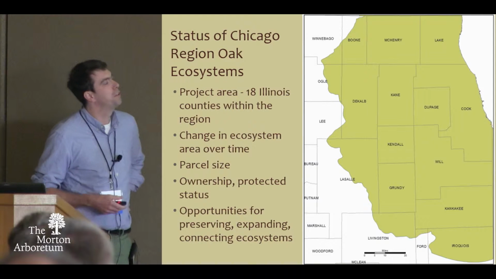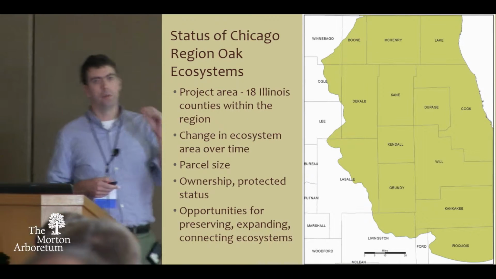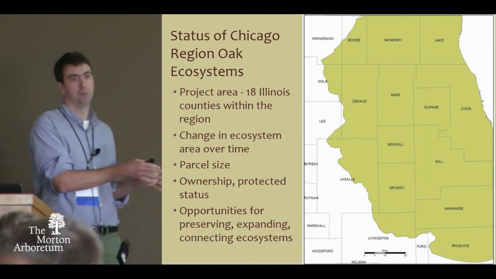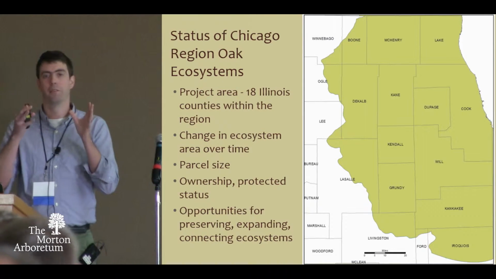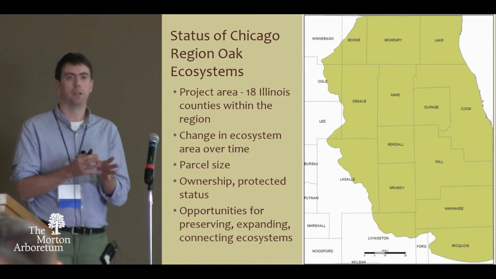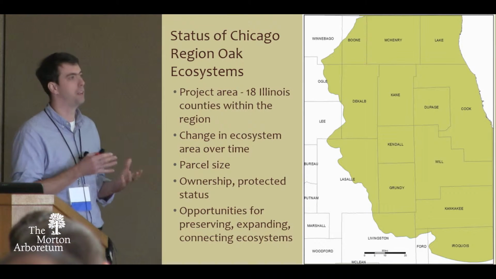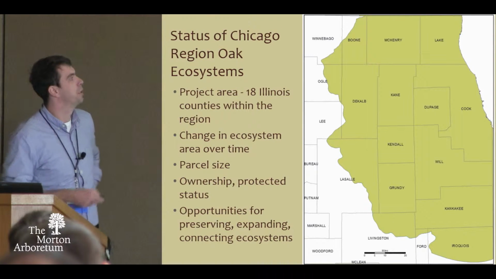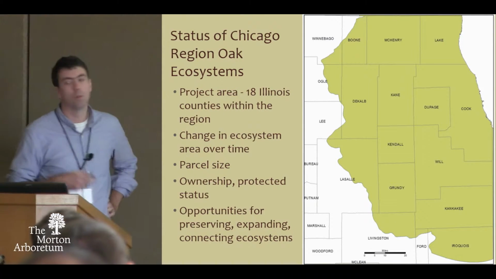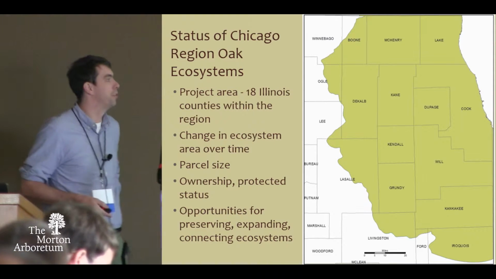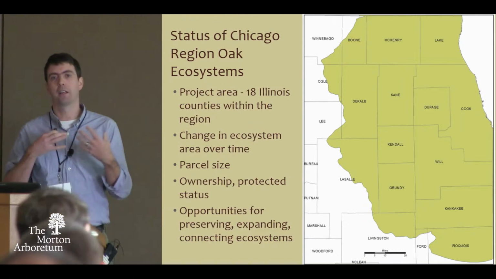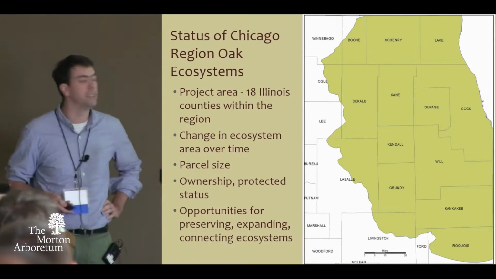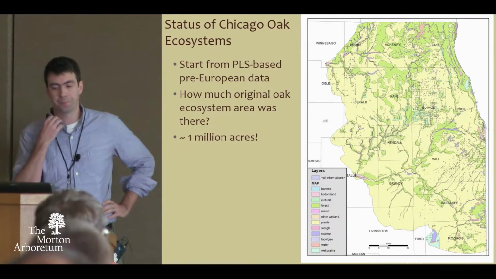So we wanted to understand how the distribution of oak ecosystems has changed over time, from that pre-settlement landscape through the original aerial images that we can get to document where those ecosystems were, to the modern era, and look at things like parcel size and who owns those oak ecosystems, and then think about how that can lead to opportunities to preserve and connect ecosystems in the modern landscape.